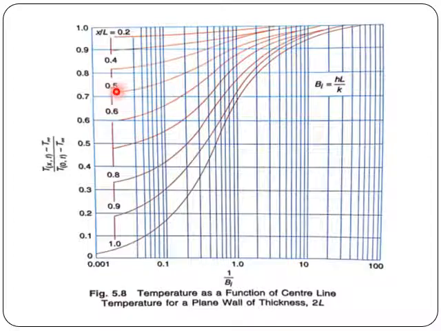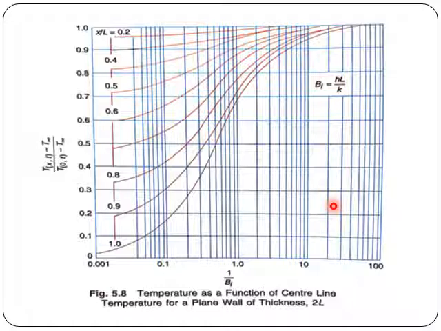So if I want it at 0.5, one value I have is 1 upon Biot number. I also have centerline temperature T0,t at given time, and T infinity is known. So at that location at 0.5 I can easily get this temperature using this second chart. So this chart can be used for obtaining temperature at any location from center line to the surface.